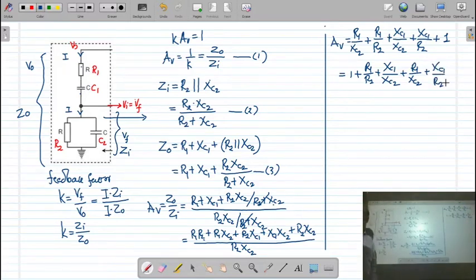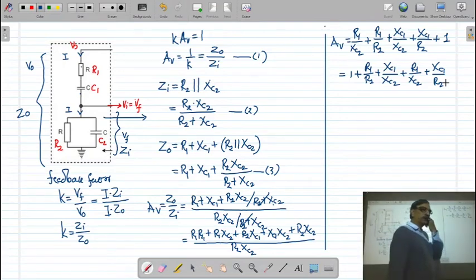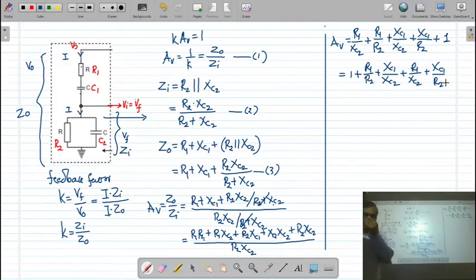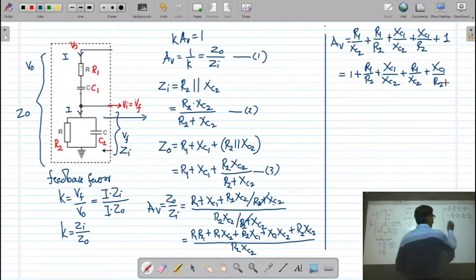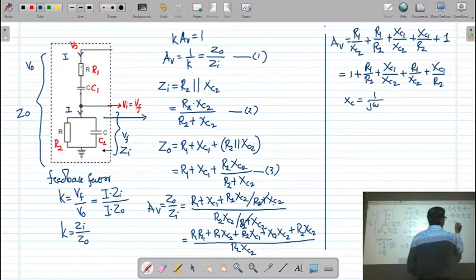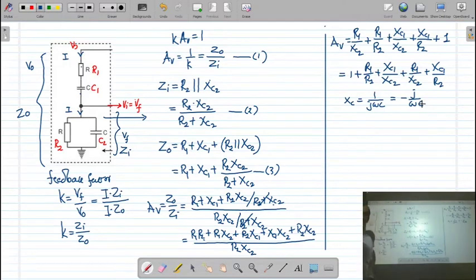Now here we will put in XC1 and XC2. XC is the reactance of the capacitor, given by 1 upon j omega C, or you can write it as minus j by omega C.